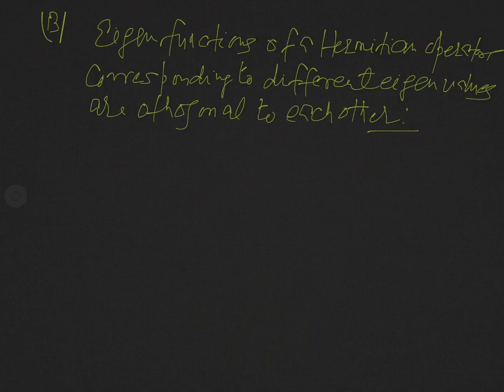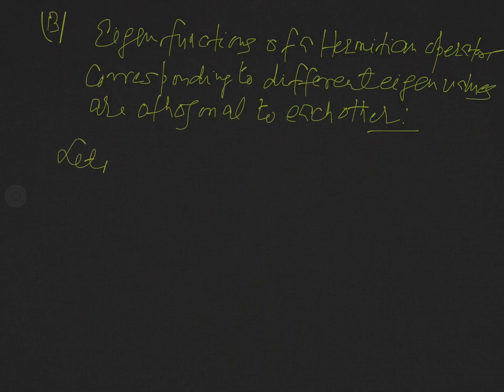So if there are two eigenfunctions of a Hermitian operator, and corresponding to those two eigenfunctions there are two different eigenvalues, then those eigenfunctions will be definitely orthogonal to each other. Now let us prove this important property. For proving this, we consider two eigenfunctions or eigenkets of a Hermitian operator.